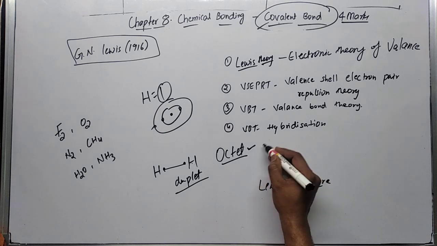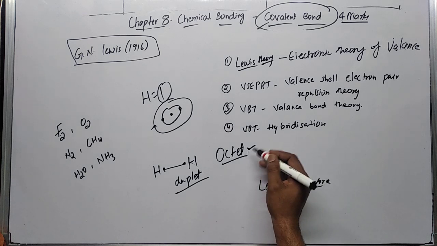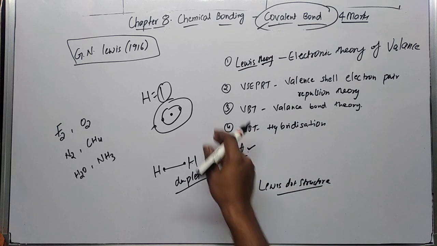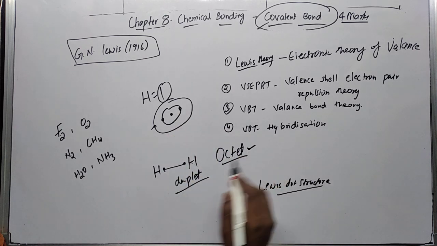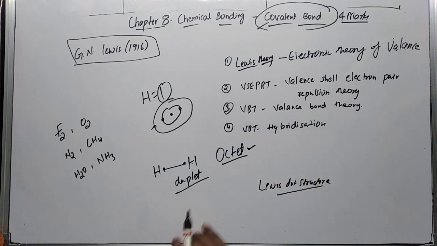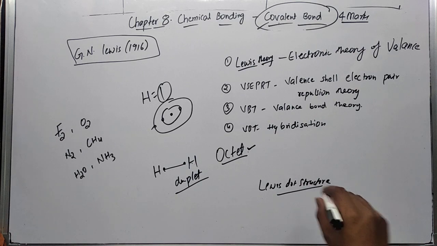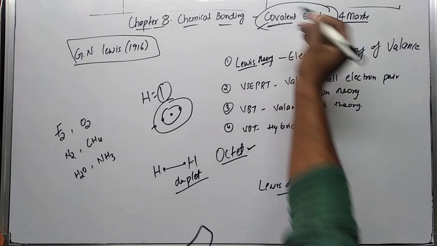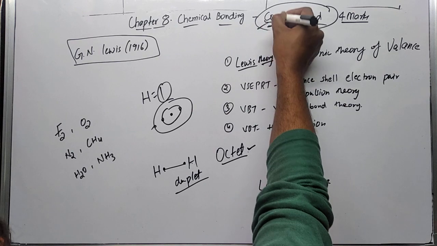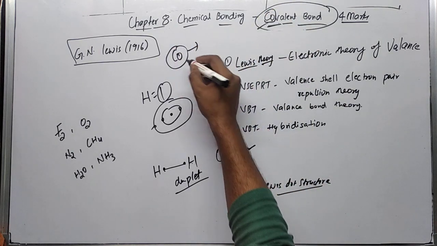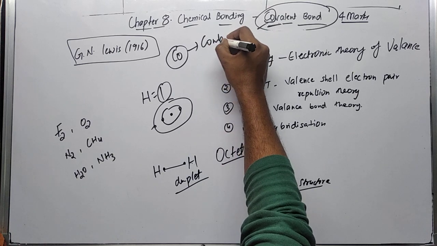To obtain the octet in the last shell, some electrons will be shared from the valence shell. The electrons present in the valence shell of an element will be shared. So that is nothing but a covalent bond. If I go for the name, in covalent, the first part co stands for combine.